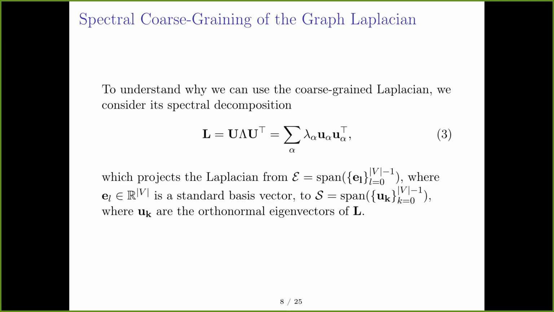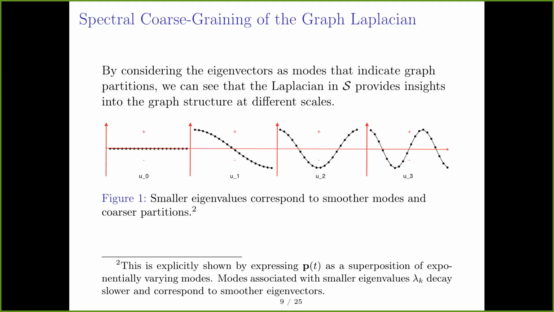And what this simply is, is a transformation of the coordinate system: before, where the Laplacian was defined as the degree matrix minus the adjacency matrix, it lived in a space spanned by the standard basis vectors, but now it lives in a space spanned by the eigenvectors. And the beautiful thing now is that these eigenvectors tell us something about the graph structure at different scales.